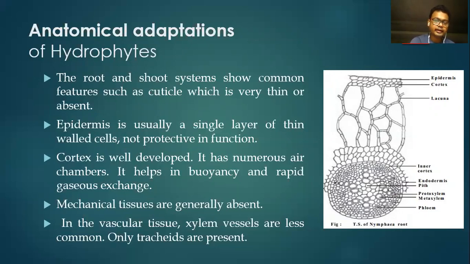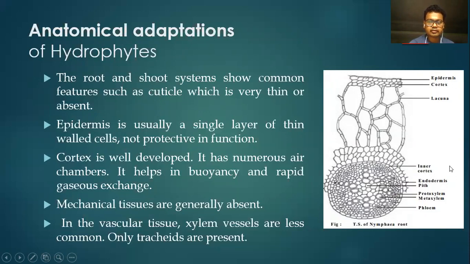We have already discussed that the root system is poorly developed. If we see the root, there is the epidermis, cortex, lacuna, and all the cells are present in a vacuolar form.